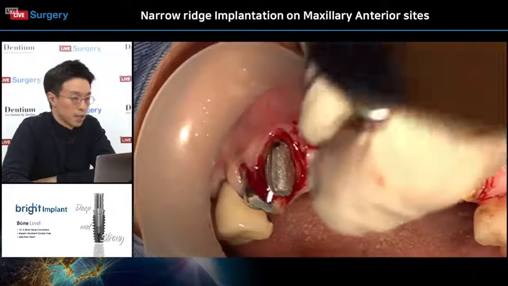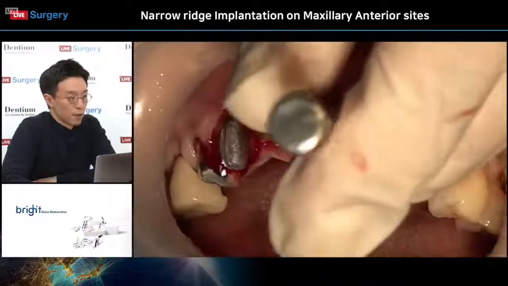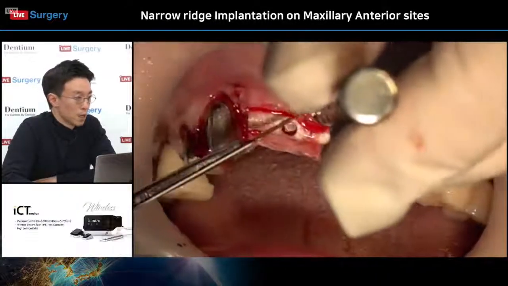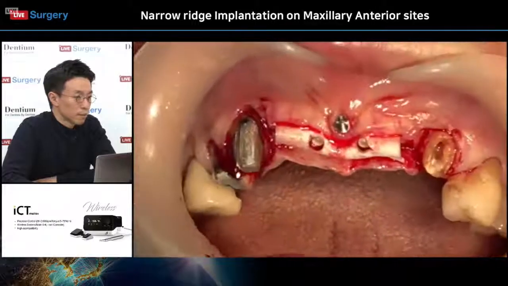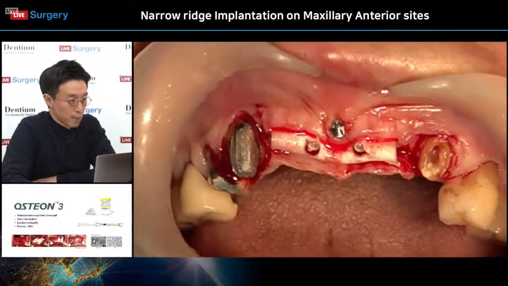He is placing the membrane pin to fix the labial flap. He used a 4.5 length membrane pin.